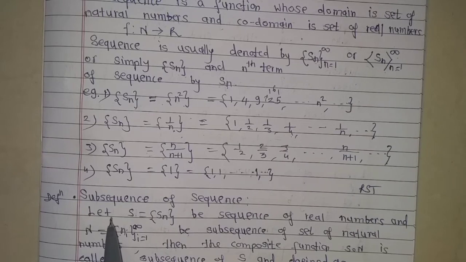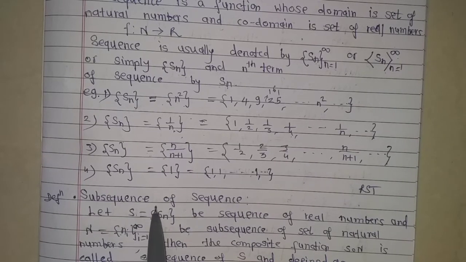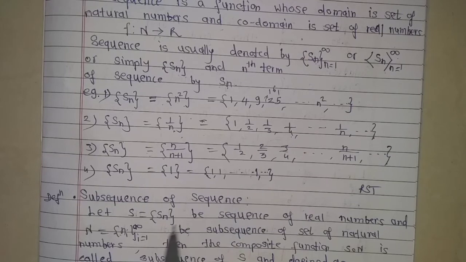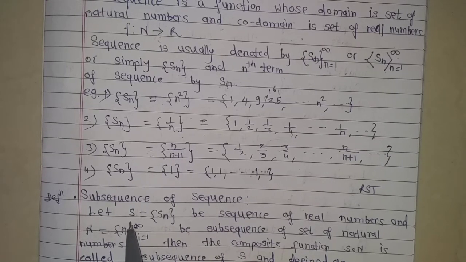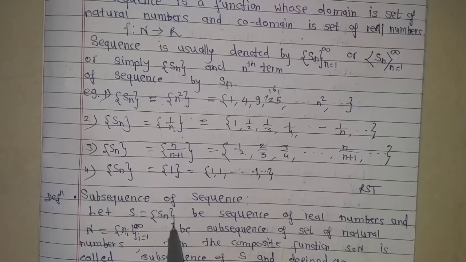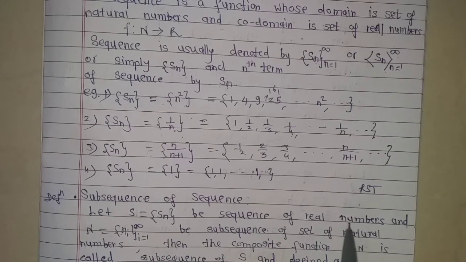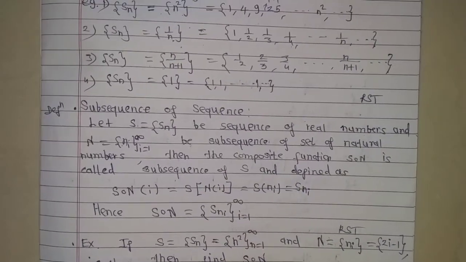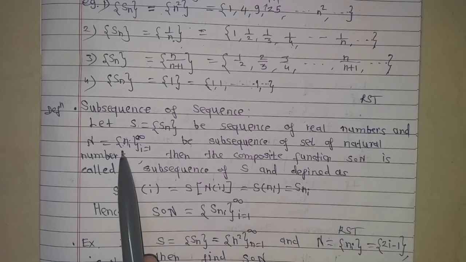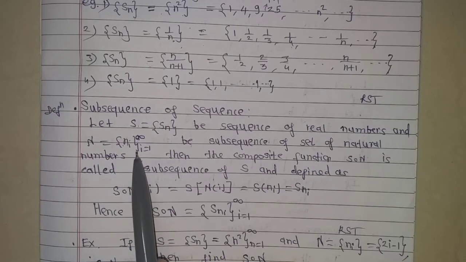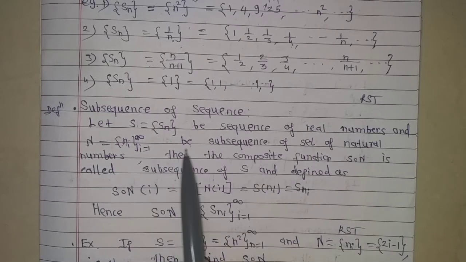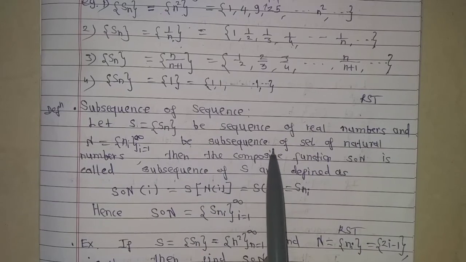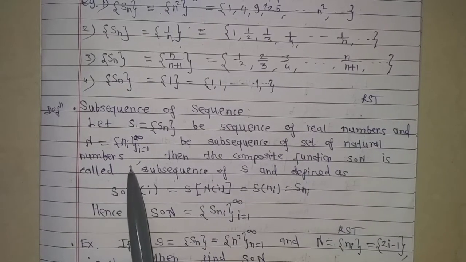Now we consider the definition of subsequence of sequence. Let S equal to sequence Sn be a sequence of real numbers, and capital N equal to sequence Ni, i going from 1 to infinity, be a subsequence of set of natural numbers.